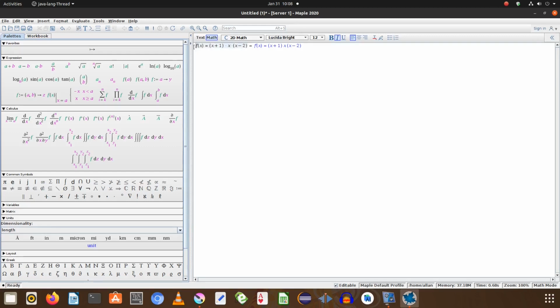And then I forget, we are actually in Maple. There we go. And then let's see if we can't do the integral. It might be possible from -1 to 0.